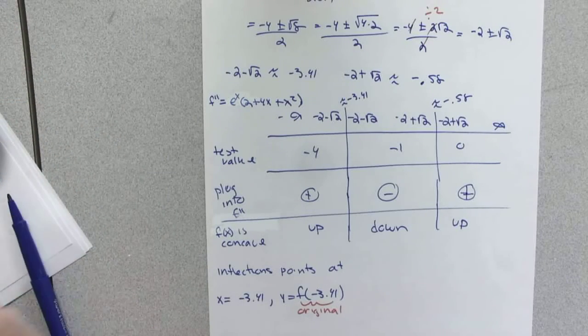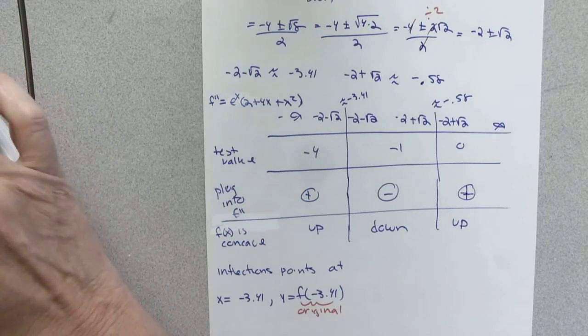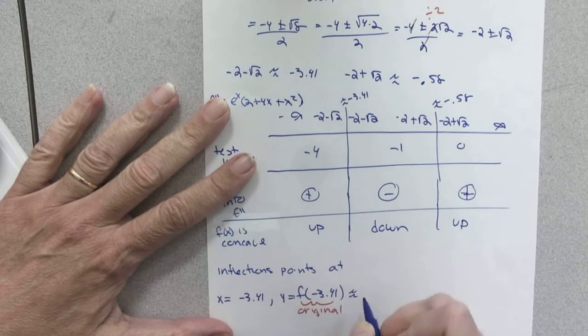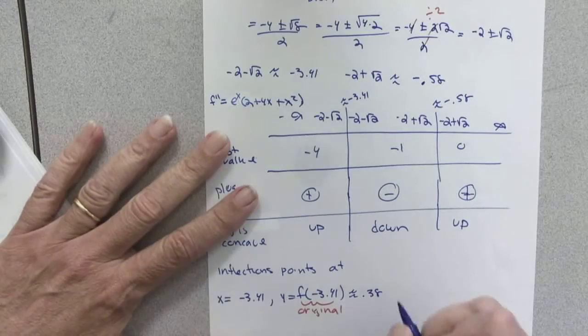So if I put negative 3.41 in there, and you can trust me on this one hopefully, we get approximately 0.38.